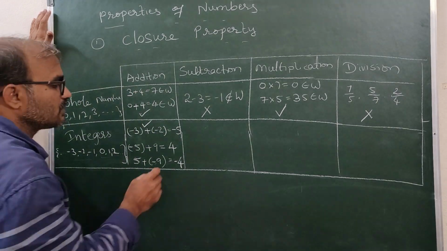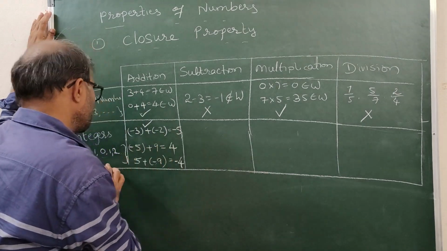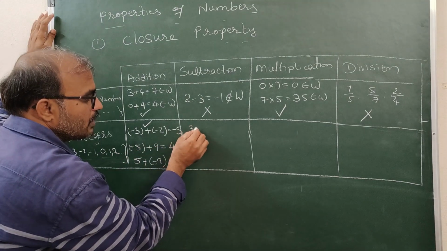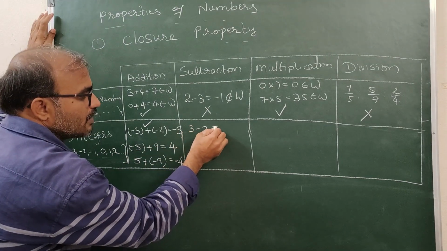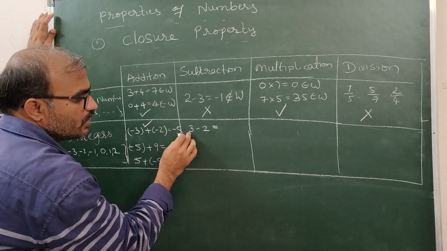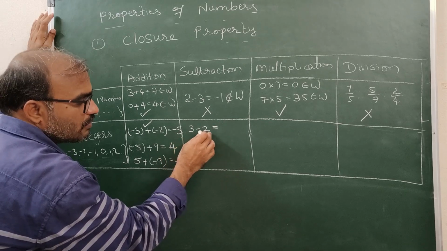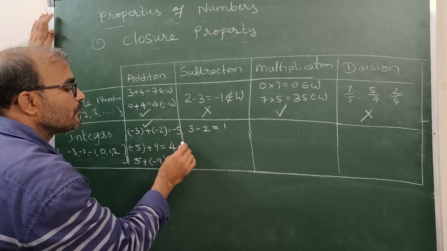What about subtraction now? You know already, if you take two numbers like 3 minus 2, big number minus small number, you have 3 rupees, you give 2, so you remain with 1.